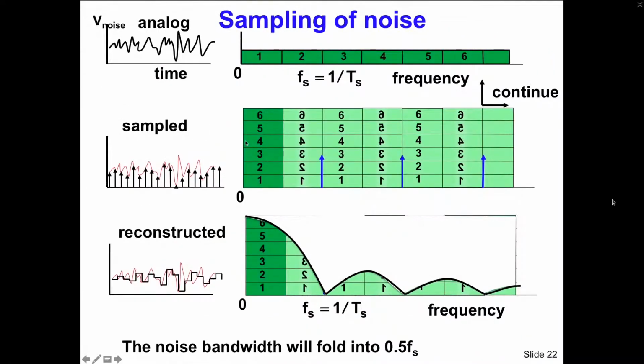We have to sample the noise, and that is creating quite a bit of fuss also with my students. Because if you have here a time continuous noise spectrum, where here you see the frequency axis, then you can subdivide that in the Nyquist zones, and then after sampling you get very nicely the stacking of these spectra.